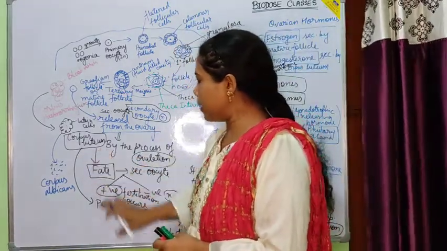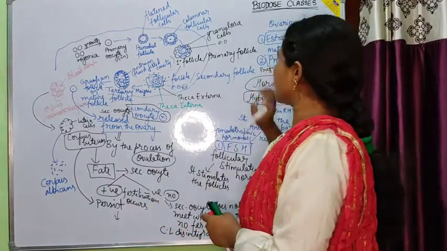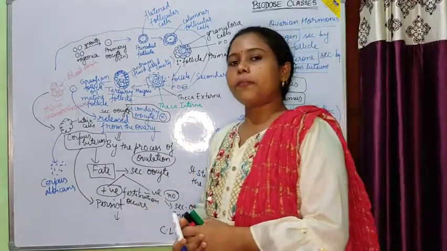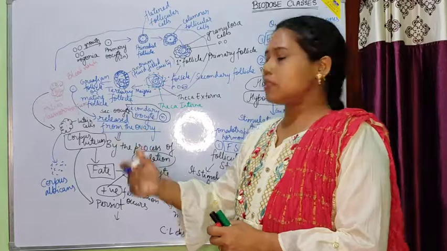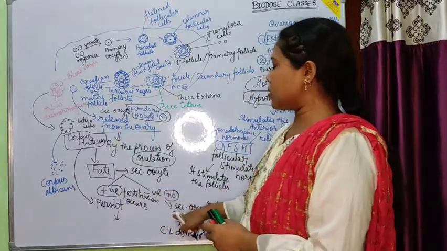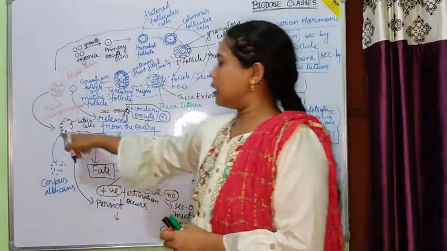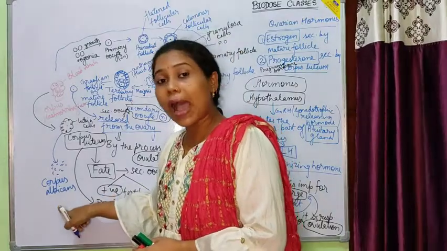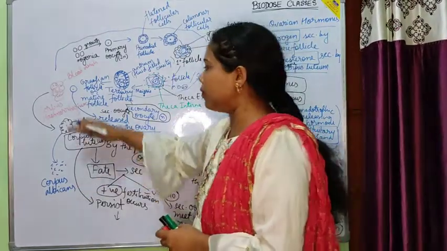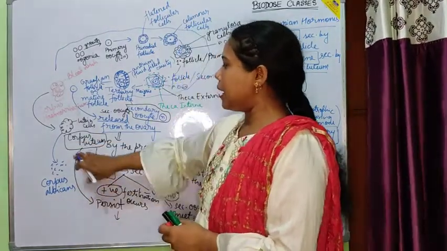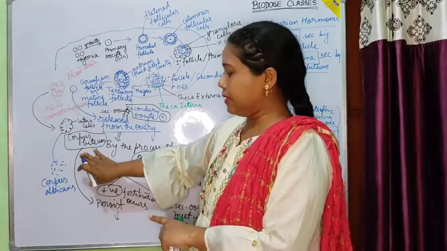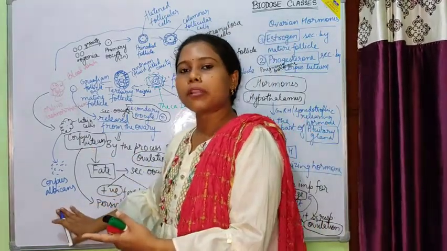And this corpus luteum, if it persists, is responsible for the secretion of progesterone throughout the pregnancy period. If fertilization does not occur, it would disintegrate into a white-bodied structure. How would we differentiate between them? This is a yellow-bodied structure. This is a white-bodied structure.